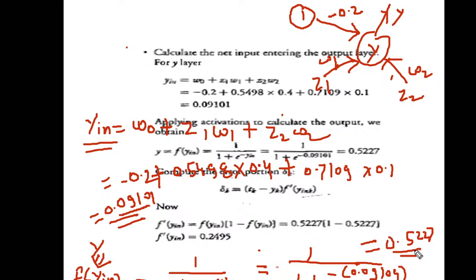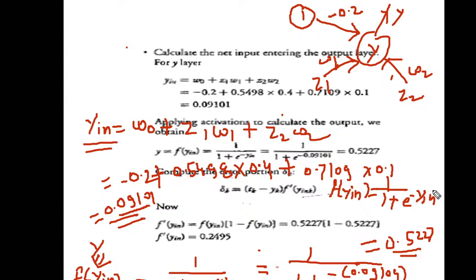Now in a backpropagation neural network we will also require its derivative. Since the activation function is of the form 1 upon 1 plus e raised to minus x, the derivative of this f of y in can be calculated as follows. f of y in is 1 upon 1 plus e raised to minus y in.